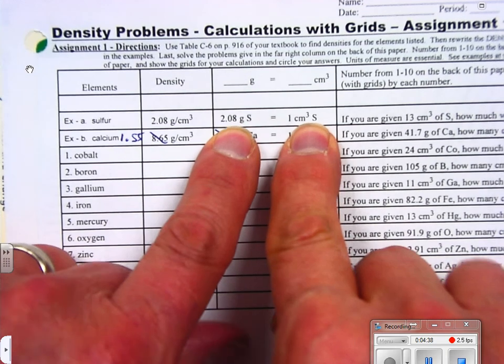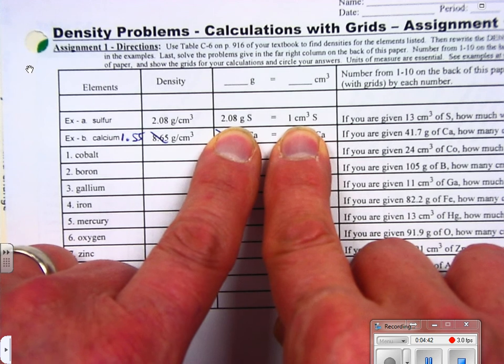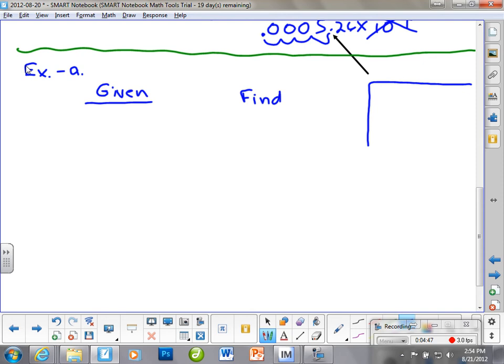Okay, that's why I had you do this, because I want you to have that for your sidebars. And as we go back here, I'm going to go ahead and fill that in. 2.08 grams is equal to 1 centimeter cubed, and this is sulfur. And S is the atomic symbol for sulfur.